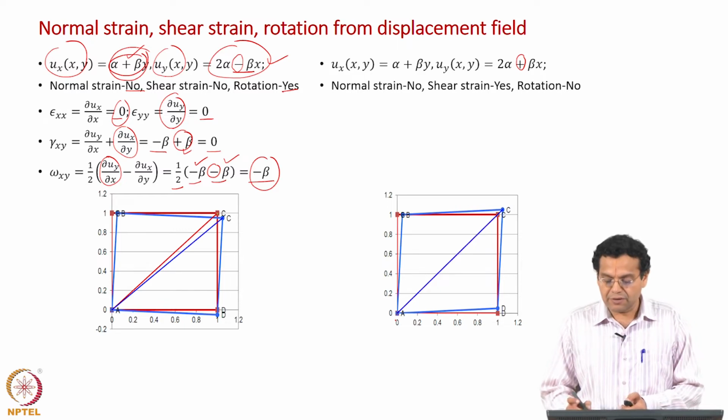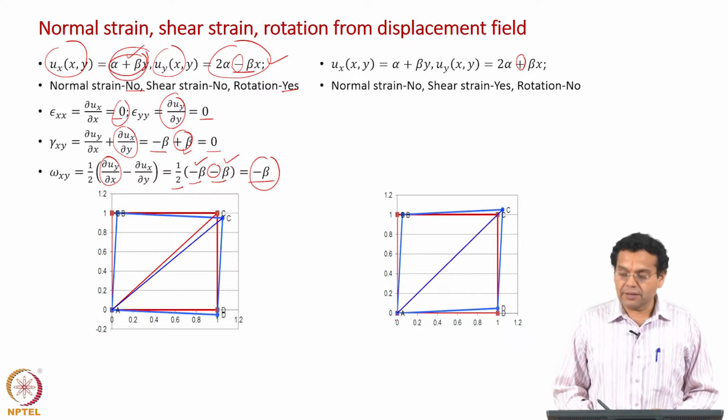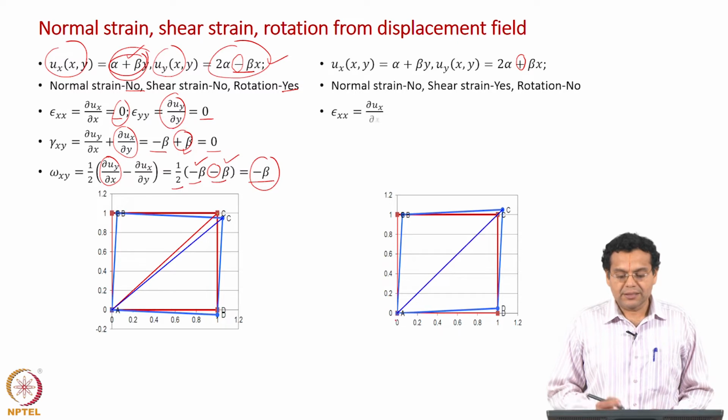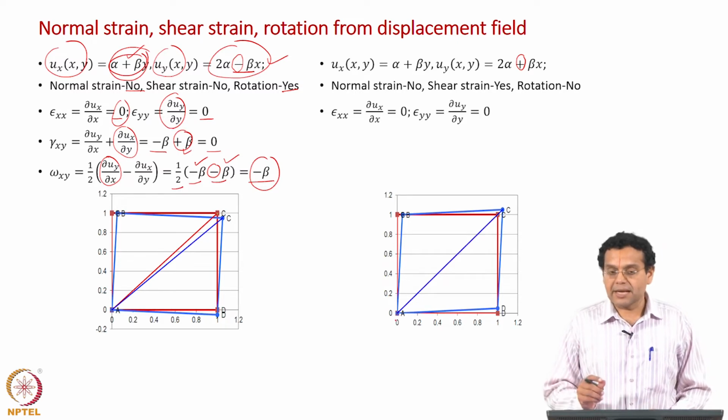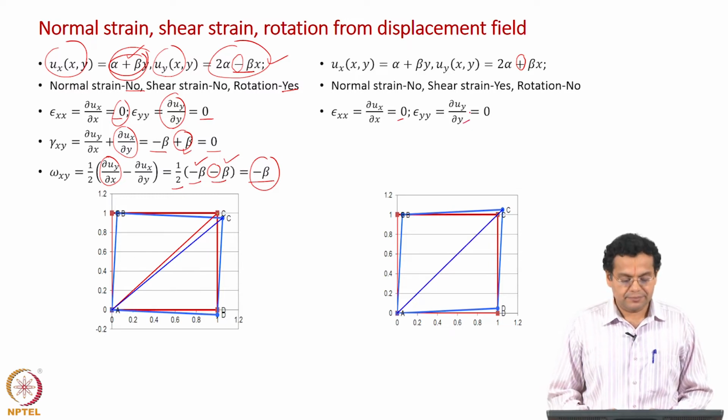That we can infer from the figure itself. Now, let us quantitatively evaluate that. Epsilon x x is dou u x by dou x, same expression for u x, so only the sign of beta has changed. Differentiate u x with respect to x, it is 0, u y with respect to y, it is 0, so no normal strain.